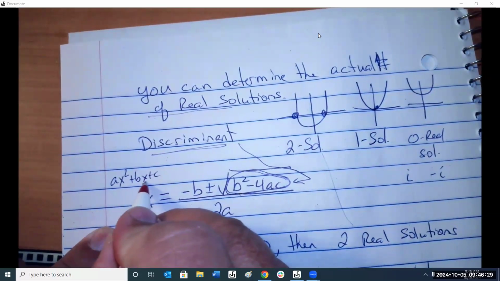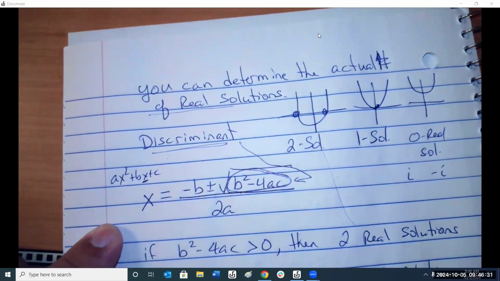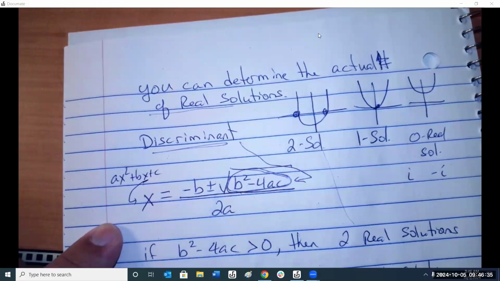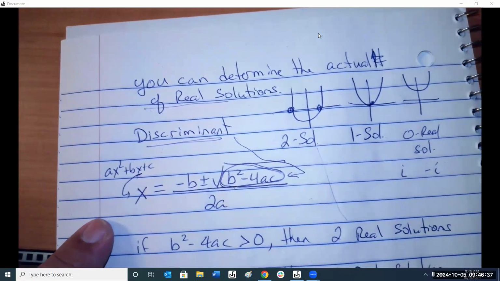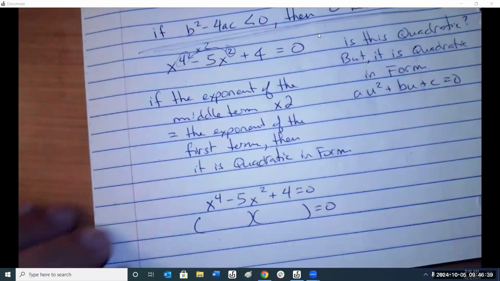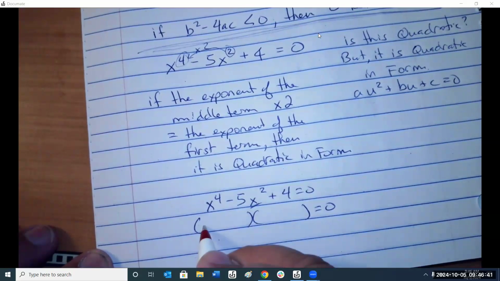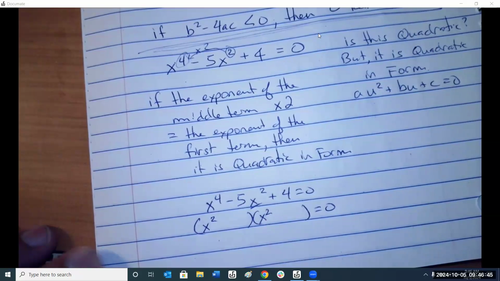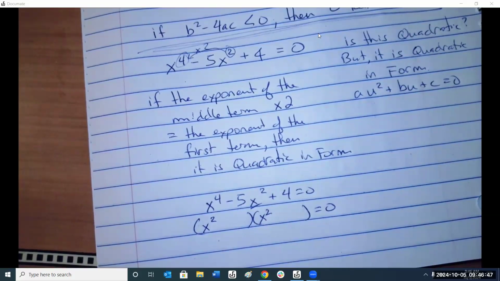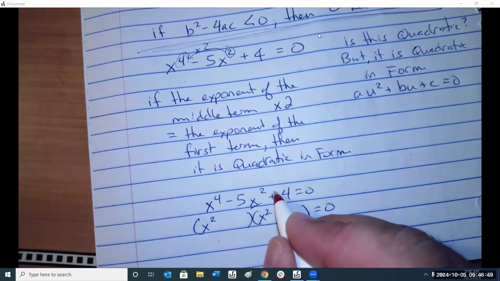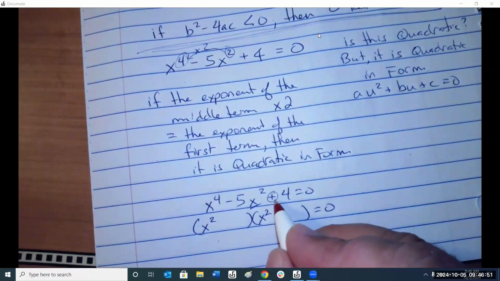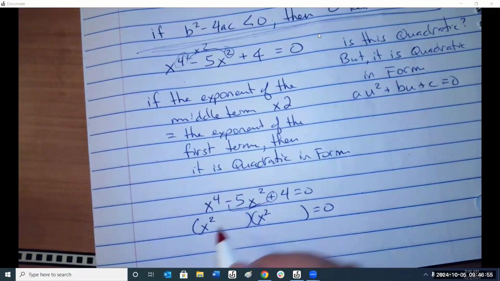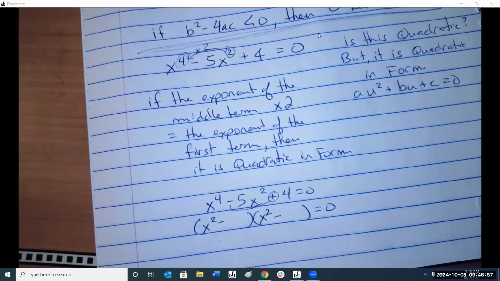We always solve for that middle variable. That's why it's an x. That's what we're solving for. How does that relate to here? We're solving for x squared. So here, our terms will be x squared. Second sign is a positive, tells the same signs. In this case, they're both minuses.